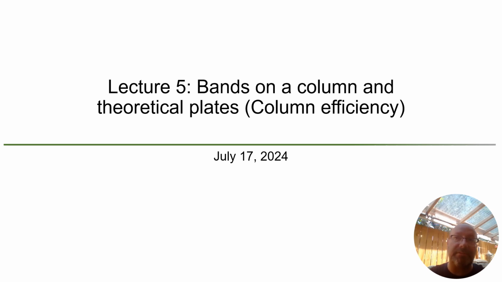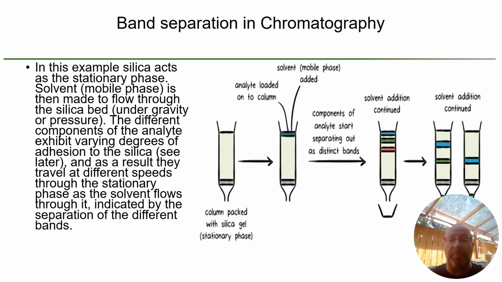When we get to the point of talking about theoretical plates, each one of those processes happens in each theoretical plate. So let's go down to banding. We get bands in chromatography when our analytes, which are in the mobile phase, move at differential rates of diffusion through the solid phase.